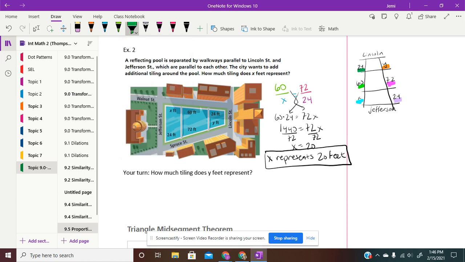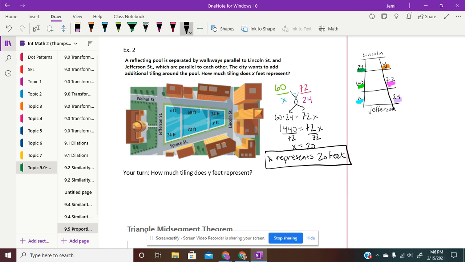I wonder how different dark green looks. I guess we'll use dark green. I'm not sure if you can tell the difference between the color underneath 24 and 60, but 24 is just a darker green. So now when I set up a proportion, I'm just going to use 24 and y and 60 and 72, right? My known sides and then the new one I'm looking for.